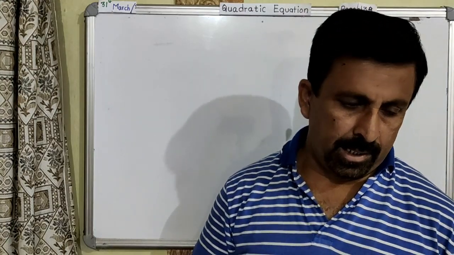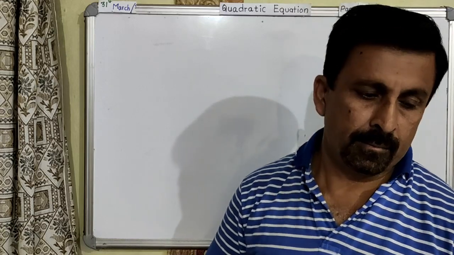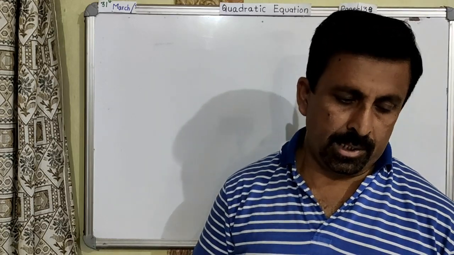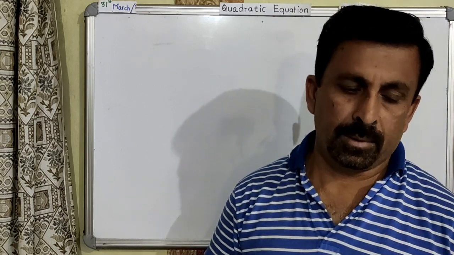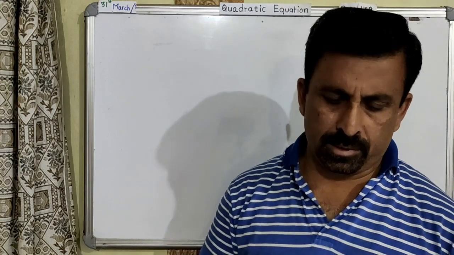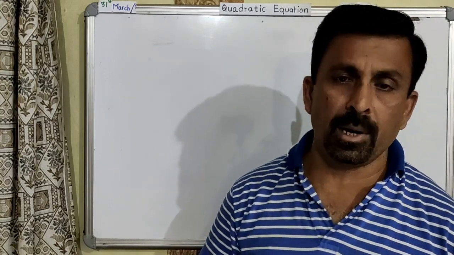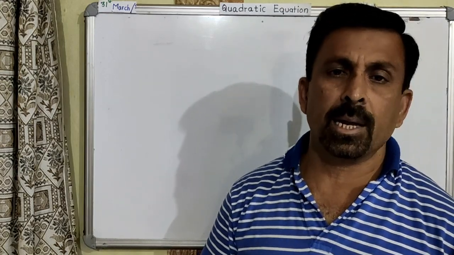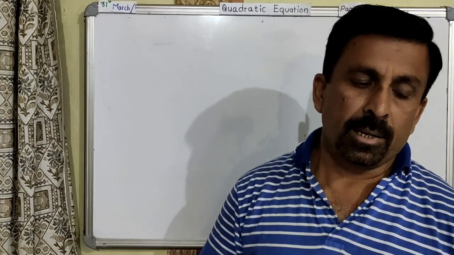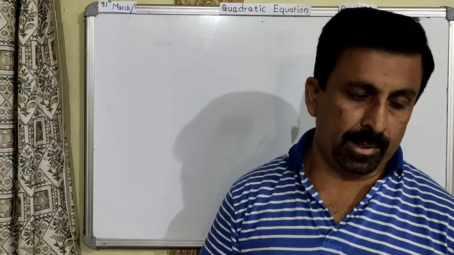We are in the topic factored form of quadratic equation. This is the continuation of factored form of quadratic equation. We have done enough questions, but there are still a few more questions which I would like to give you so that you become comfortable.